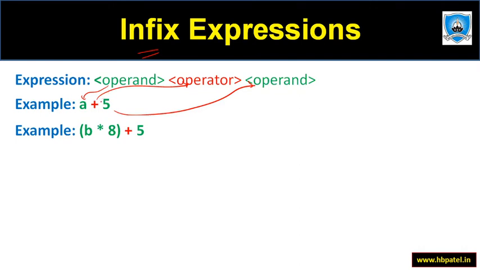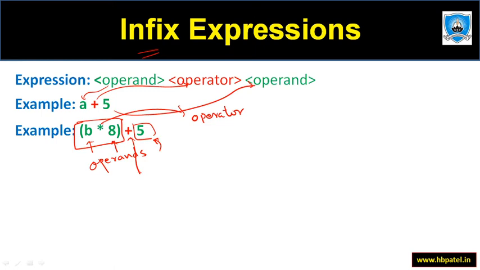We can have something like this, wherein this b and 8, these are operand, and this multiplication sign, asterisk sign, so this is operator. Now this whole expression can be an operand for this one. So whole thing and this one, so this is also operand, and this plus is my operator.